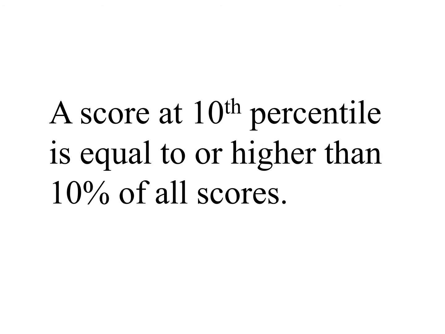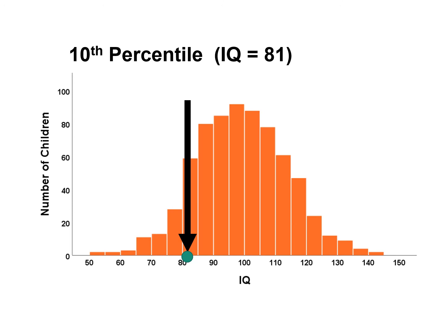The first example is the score at the 10th percentile. A score is at the 10th percentile if it is equal to or higher than 10% of all scores. This arrow is pointing at the children with an IQ of 81. These children are at the 10th percentile because they scored equal to or higher than 10% of all other children.